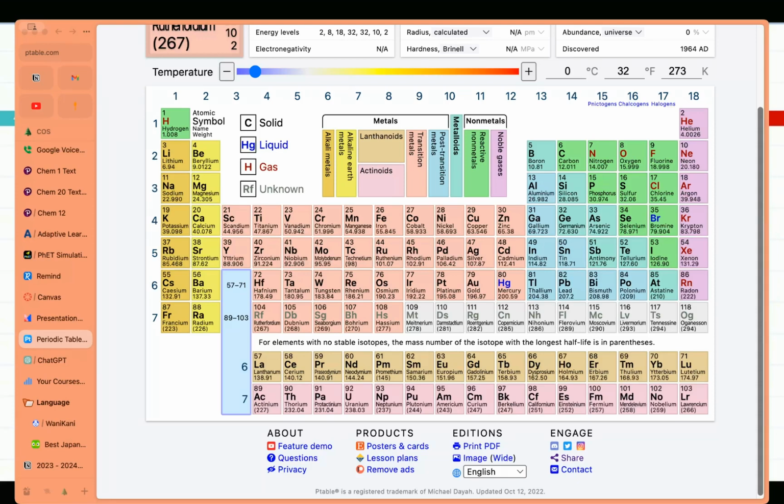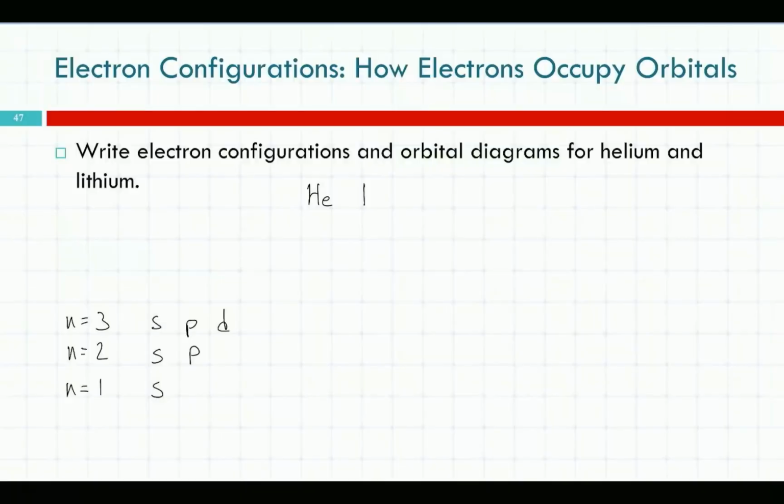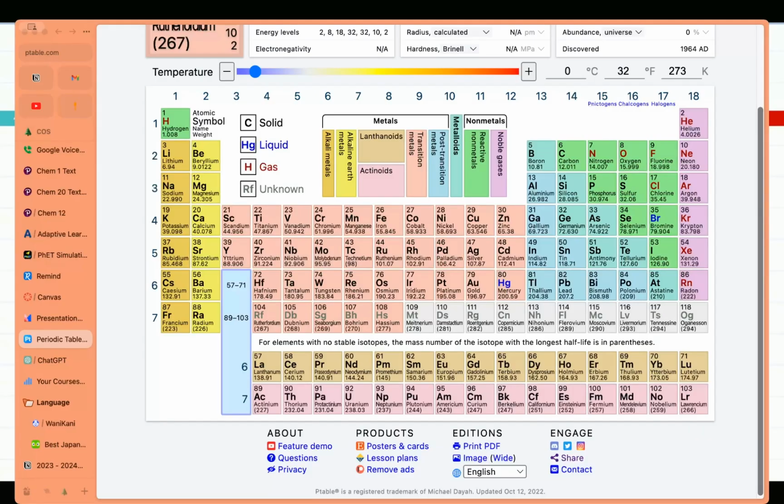So if I go back to this, 1s with 2 electrons. And so then the orbital diagram would be 1s, and then 1 electron up, 1 electron down. And then for lithium, the way this is going to work is everything builds on top of the things before it. So if helium has 1 more electron than hydrogen, then lithium has 1 more electron than helium. So this should have 3 electrons.